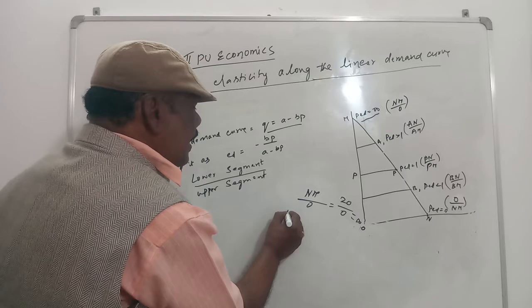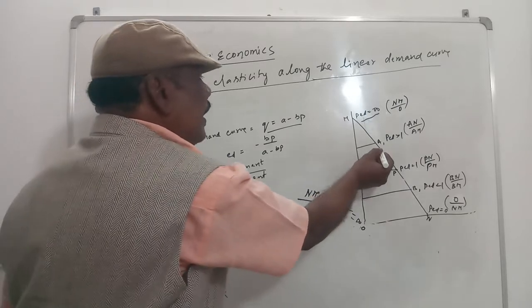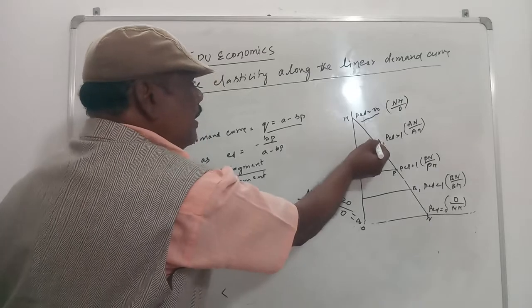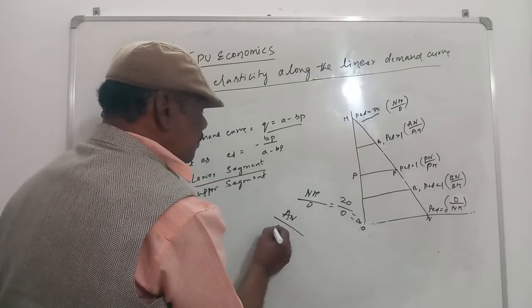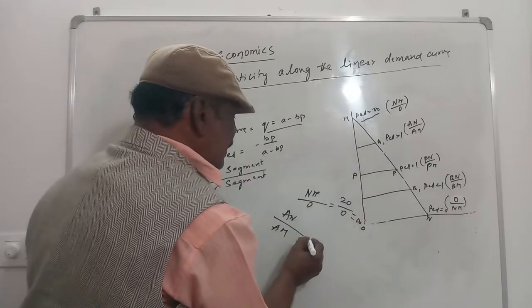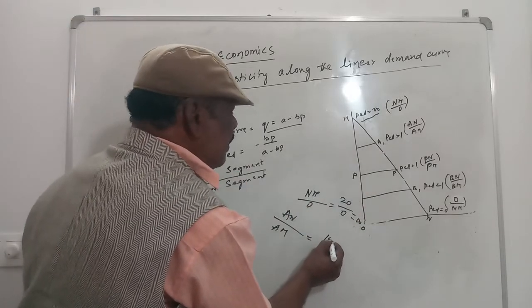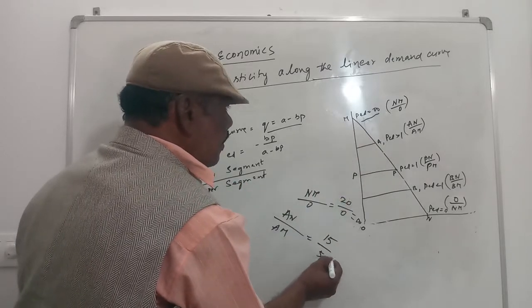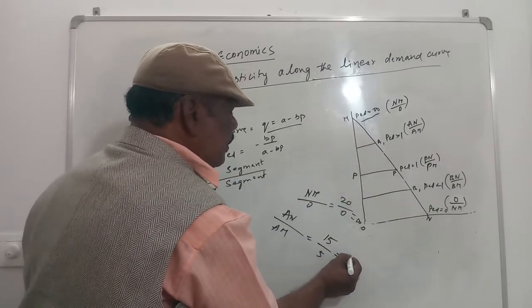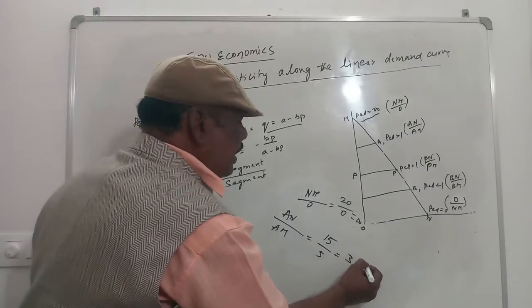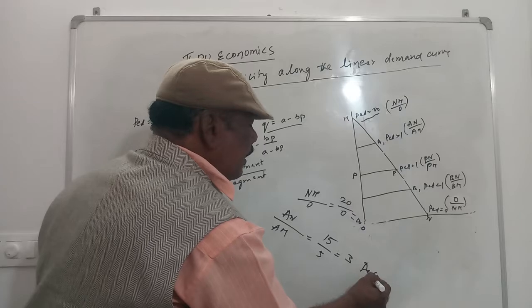Coming to the second one, here AN divided by AM. AN is 15, AM is 5. So it becomes 3. That is PED is greater than 1.